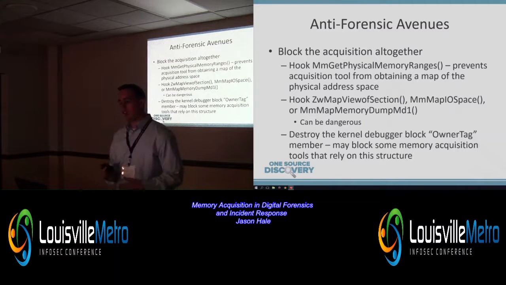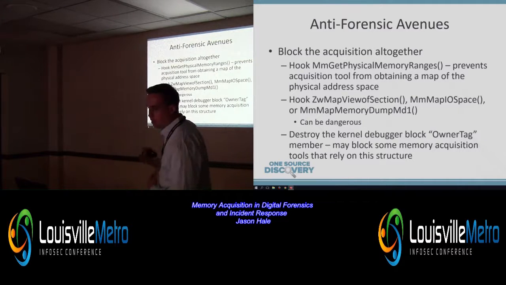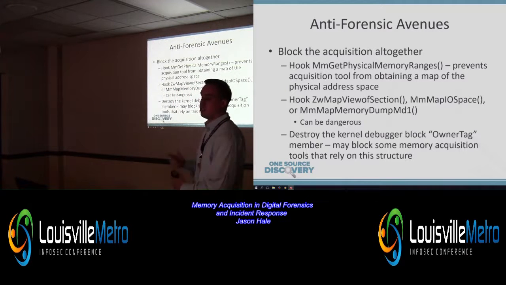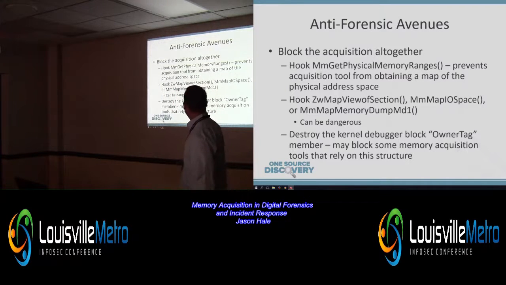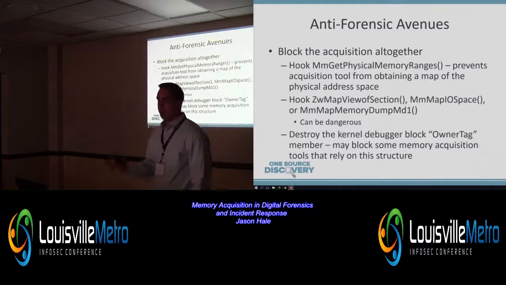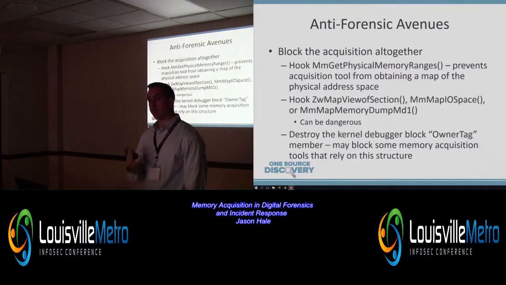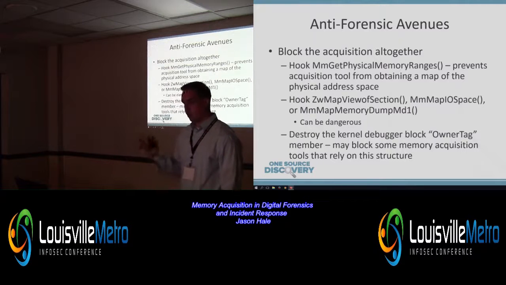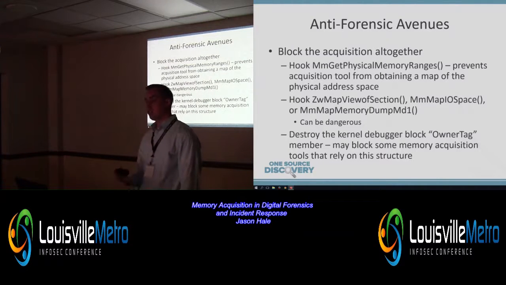So you could hook this get physical memory ranges to return null or to return something that's not right. And what may happen is a number of things, depending on how your acquisition tool handles this error. It could just error out. The actual acquisition tool could freeze. Perhaps, depending on what your acquisition tool does, it could actually freeze the system, crash the system.